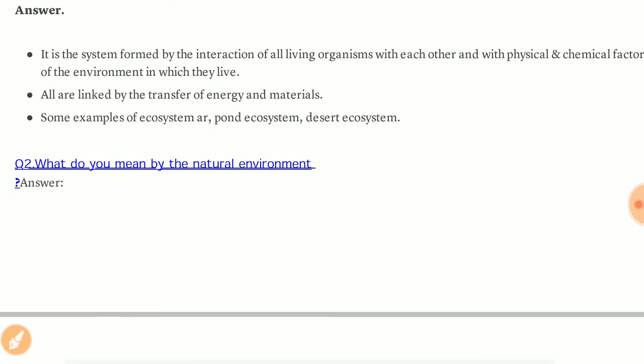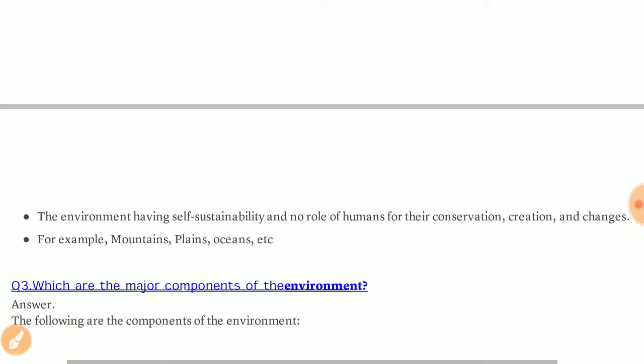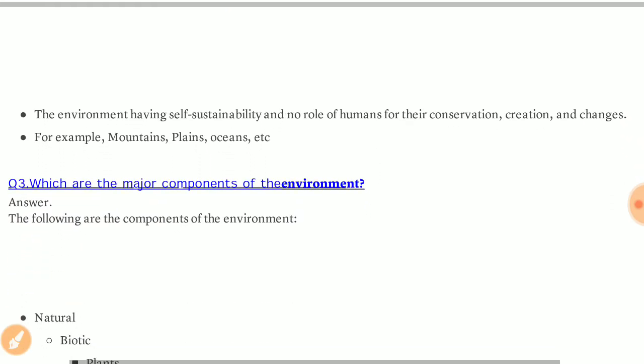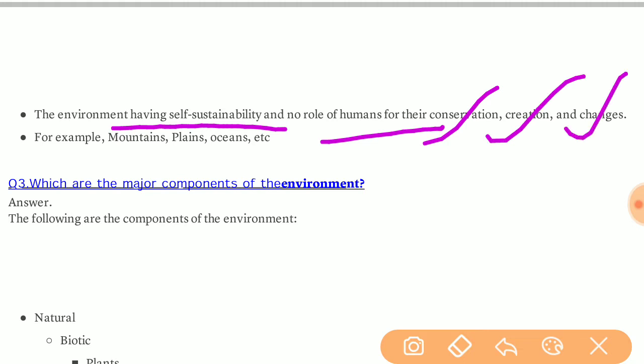What do we mean by natural environment? Natural environment is of two types. The environment having self-sustainability or no role of humans for its conservation, creation and changes is called natural environment.